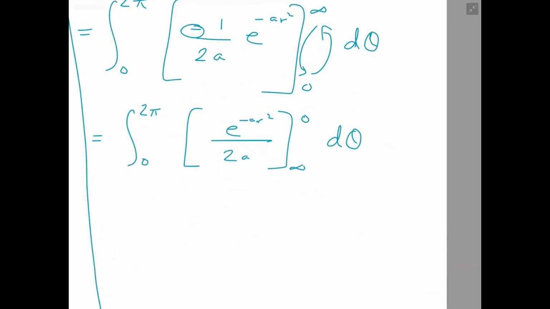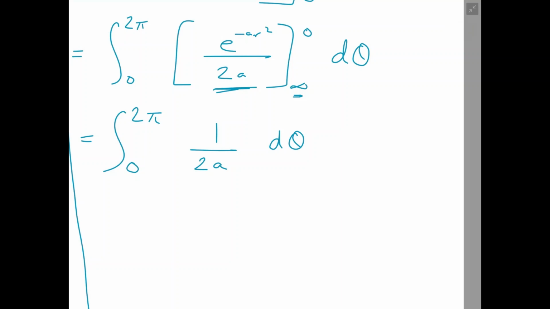If we evaluate this at r equals 0, the top is just 1 over 2a, and when we plug in r is infinity, we get 0 because e to the minus infinity tends to 0. So that here is now 1 over 2a d theta.